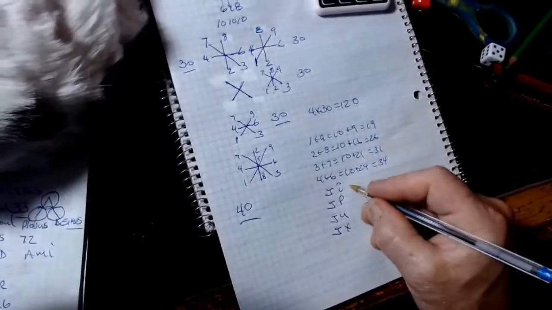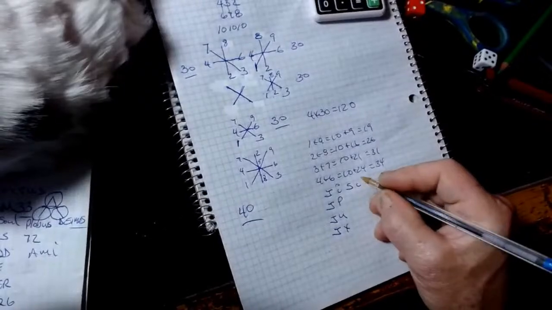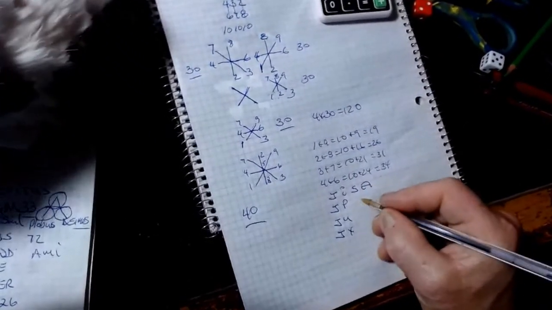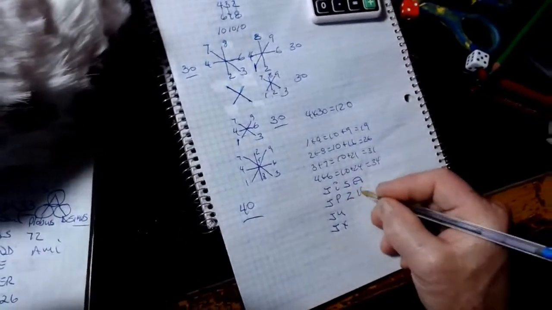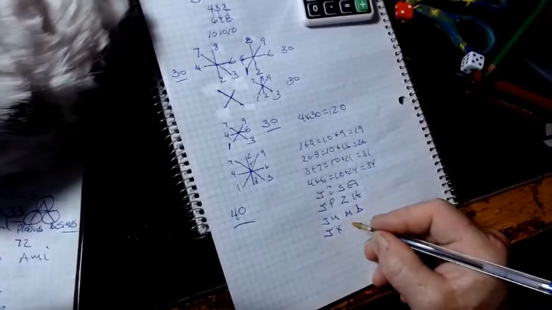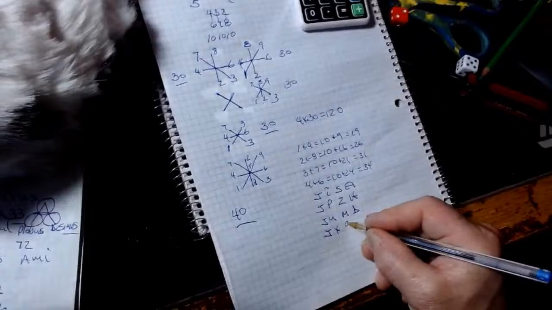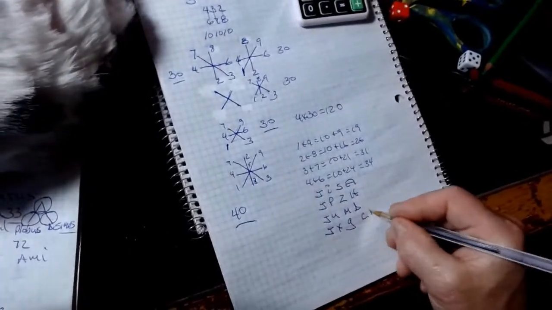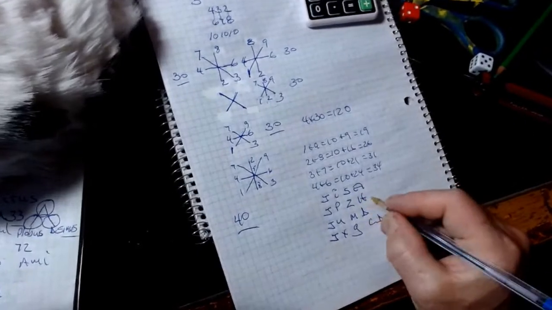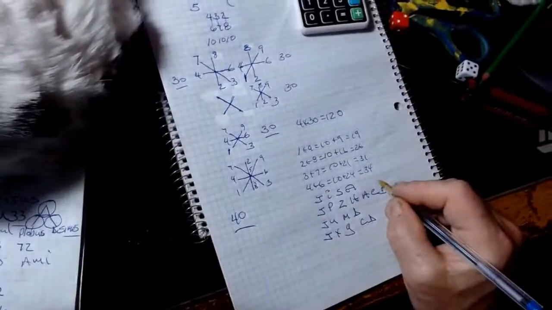Their answer over here, because I can't reduce it, I can use it as an S. I can also use it as the A. This one over here, I can use as the Z and the H. This one over here, I can use as the M and the D. And this one over here, I can use as the G, C, D. And then this one, G, C, D. And this one over here, I can use as the A, C, D.